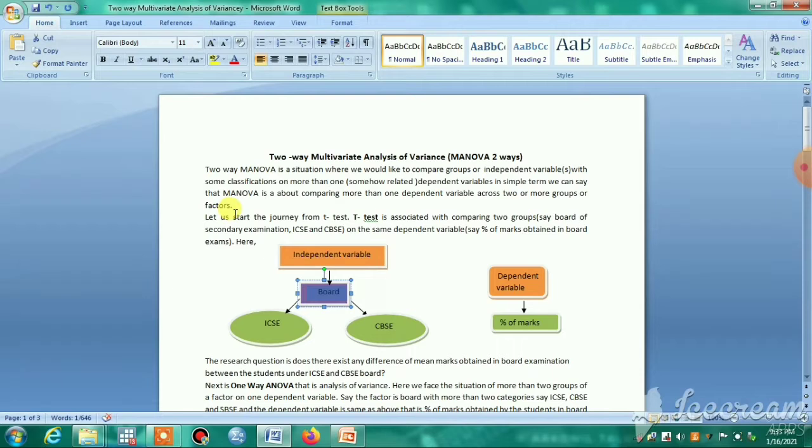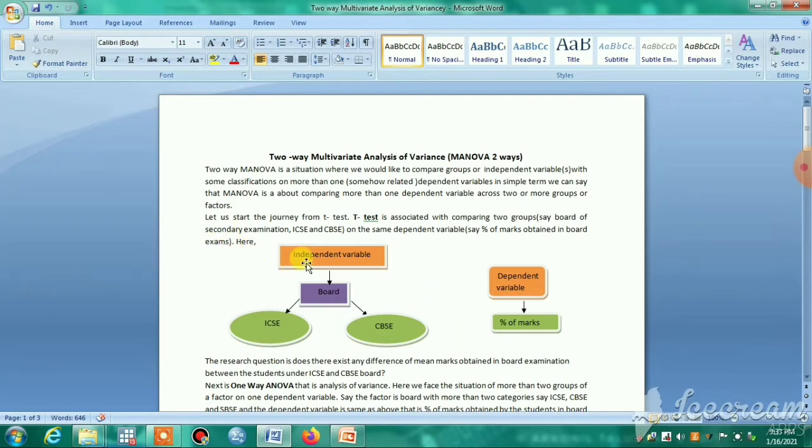groups of factors. Before going into detail regarding two-way MANOVA, let us start our journey from the t-test. As in the previous video, we have already explained the t-test, but it will be beneficial if we start from the t-test also. The t-test, we know, is always associated with comparing two groups. For example, say Board of Secondary Examination, ICSE and CBSE, on the same dependent variable, say percentage of marks obtained in board exams.